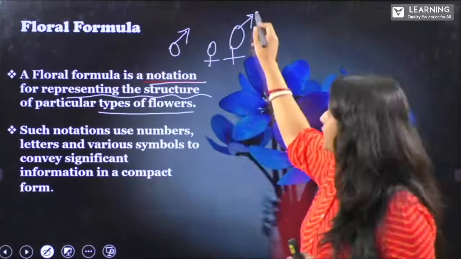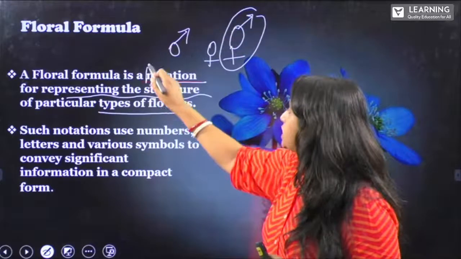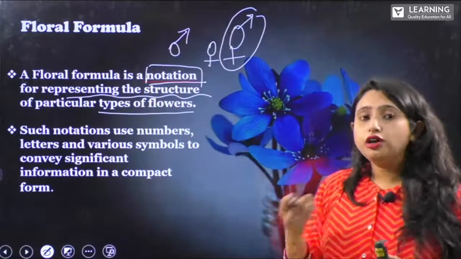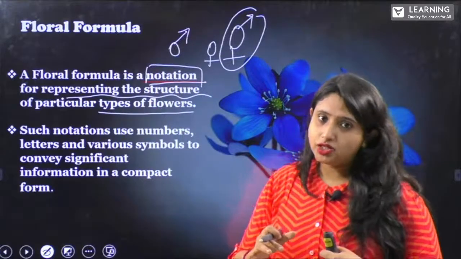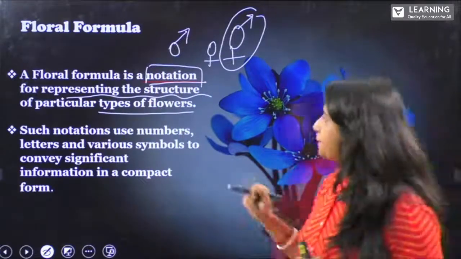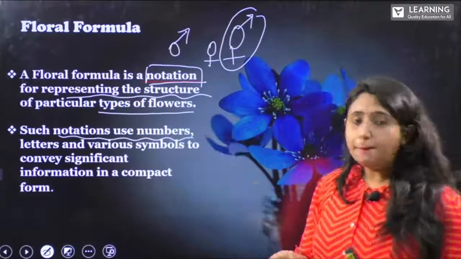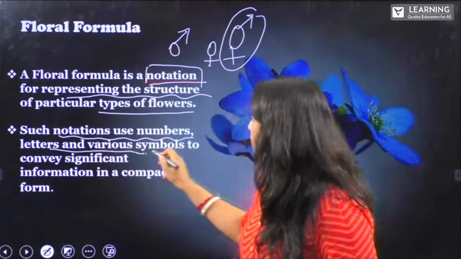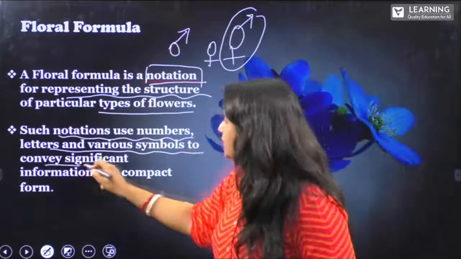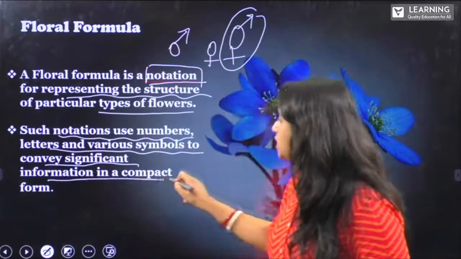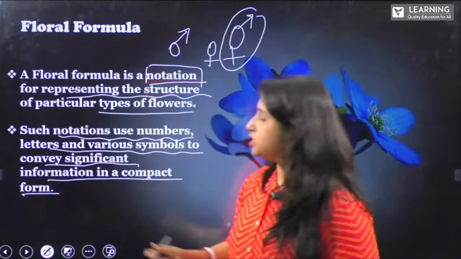So this is a notation by which we can represent a flower in the form of a formula. Such notations use numbers, letters and various symbols to convey significant information in a compact form.